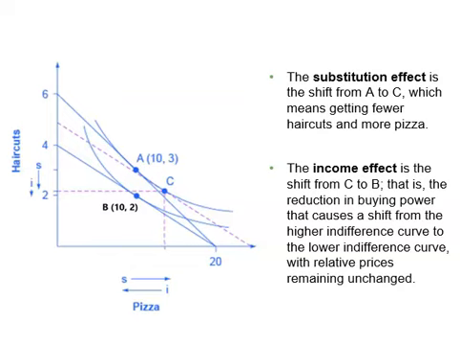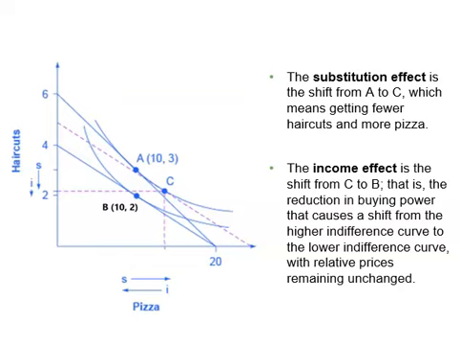How would Ogden change his consumption if the relative prices of the two goods changed, but this change in relative prices did not affect his utility? The slope of the budget constraint is determined by the relative price of the two goods. Thus, the slope of the original budget line is determined by the original relative prices, while the slope of the new budget line is determined by the new relative prices.